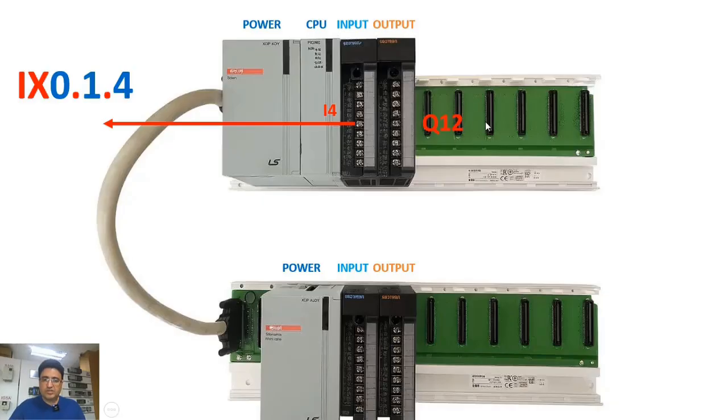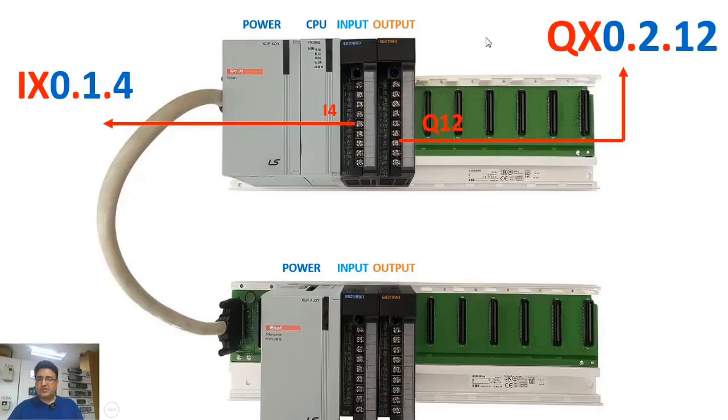Now, suppose we want to assign an address to output number 12 of this output card. Its address would be like this. It would be %QX0.2.12. The Q indicates outputs. The X indicates a bit output, or a single output.